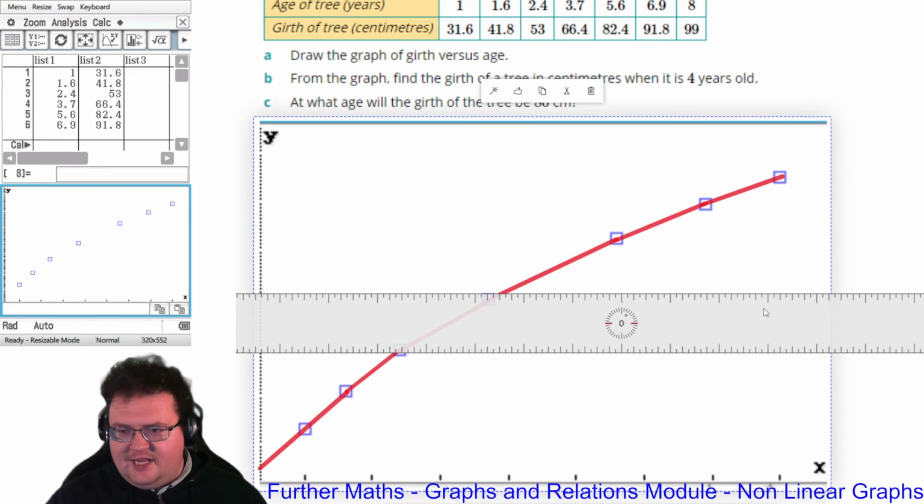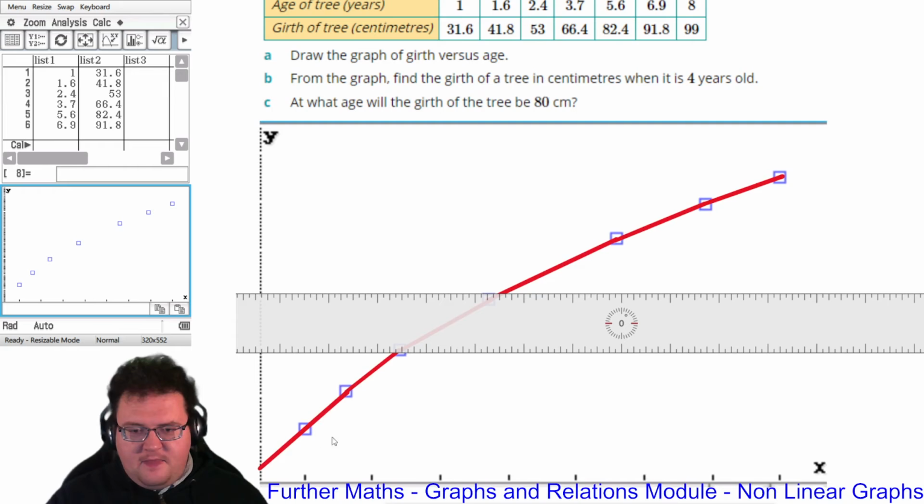So the best part is that these sort of graphs have a name. Depending on the shape, that type of graph has a name.